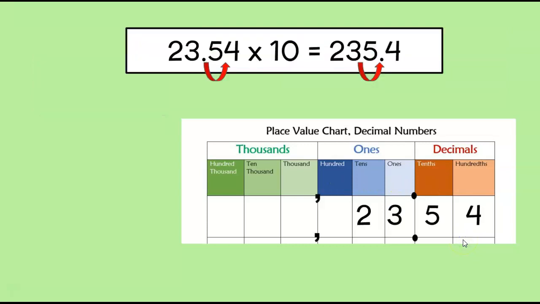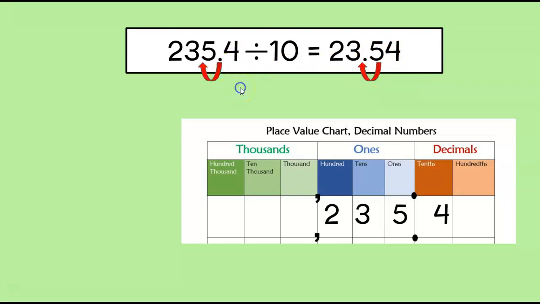So here we're looking at our numbers. We started off with 23 and 54 hundredths. We multiplied it by 10 and all the digits slid up 1 place value together. Okay, they stayed together.